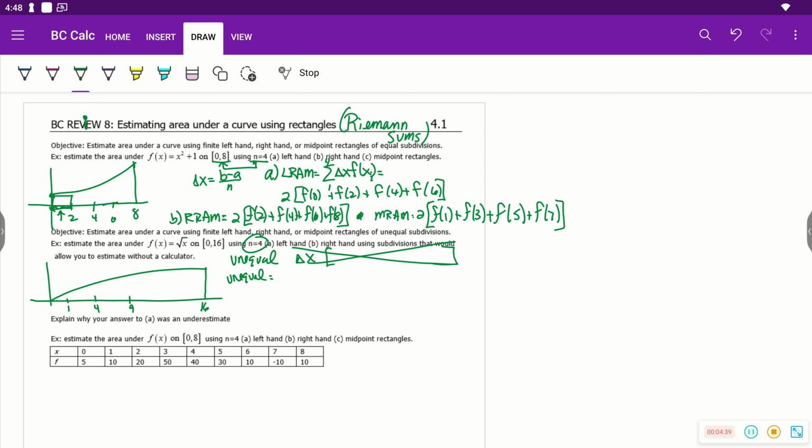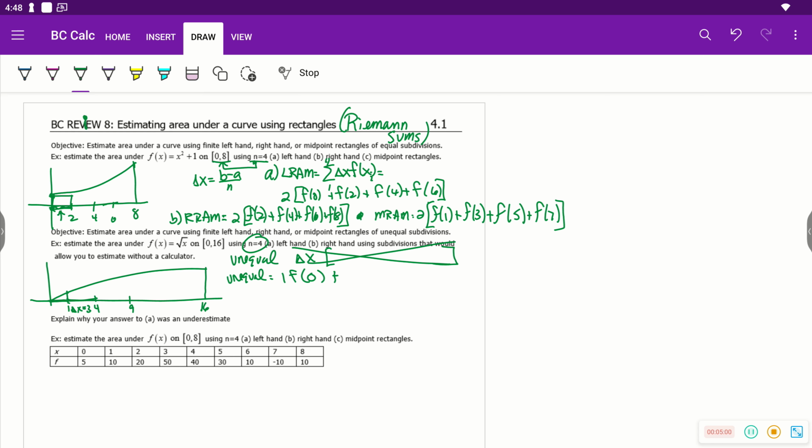Delta x1 is 1. And the first height is from 1 to 4, which is a 3.